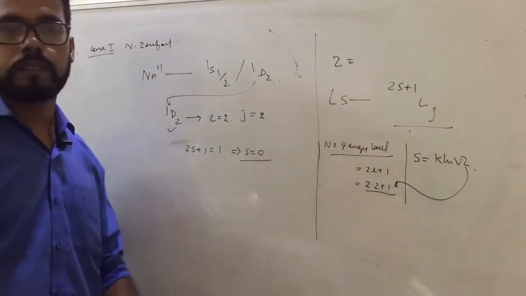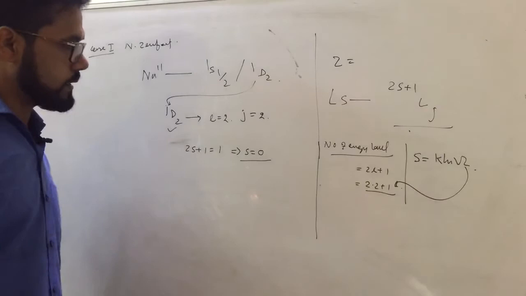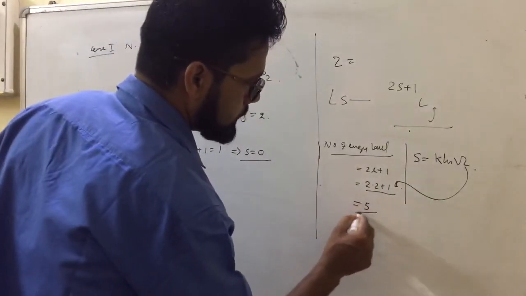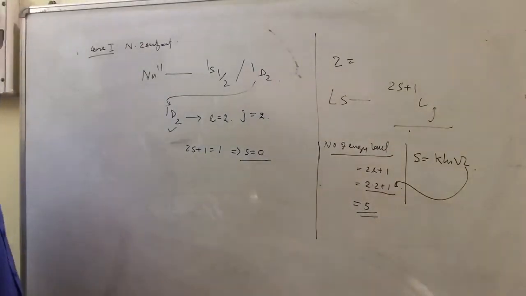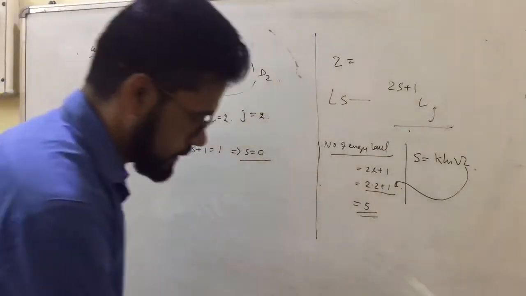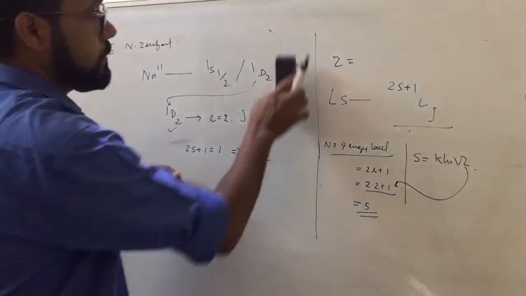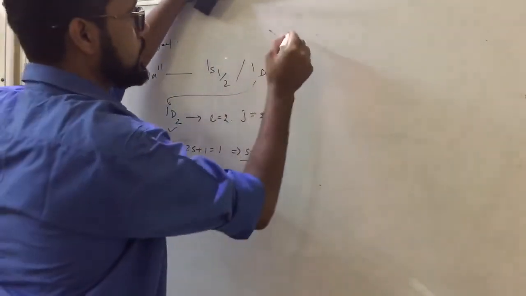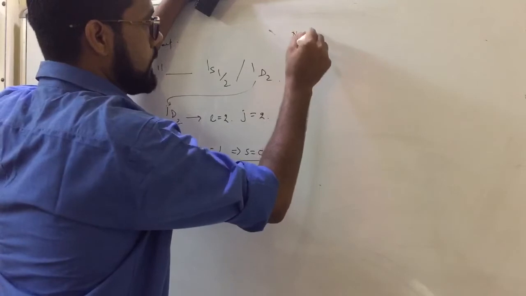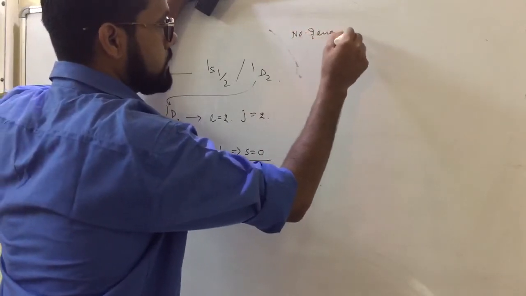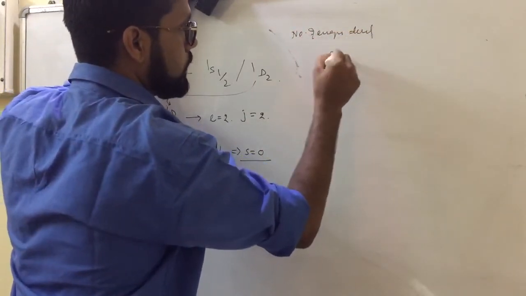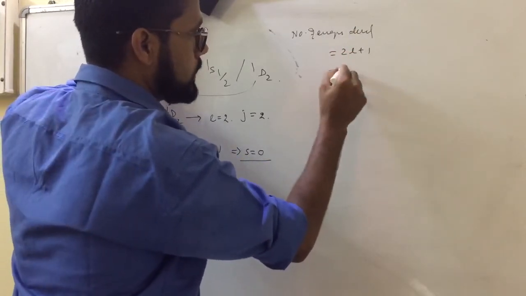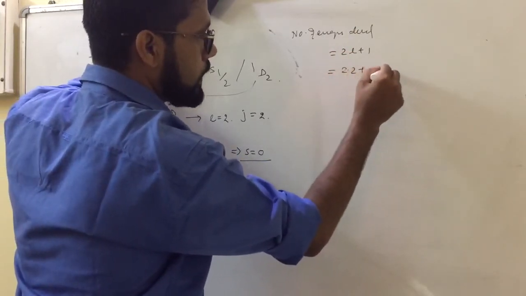Then you can easily calculate the entropy of the system also. Now the energy levels will get split, 5 energy levels. The total number of states, the number of energy levels equal to 2L plus 1, is known as the degeneracy or number of microstates. 2 into 2 plus 1 equal to 5.